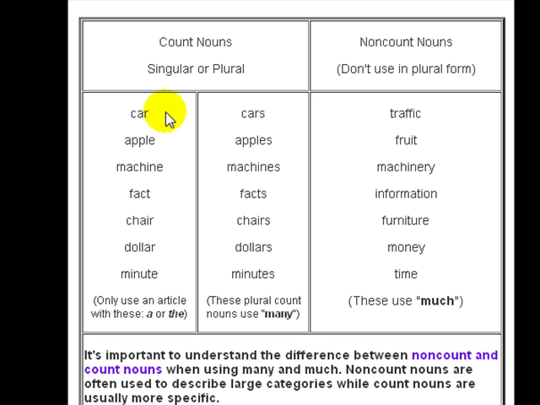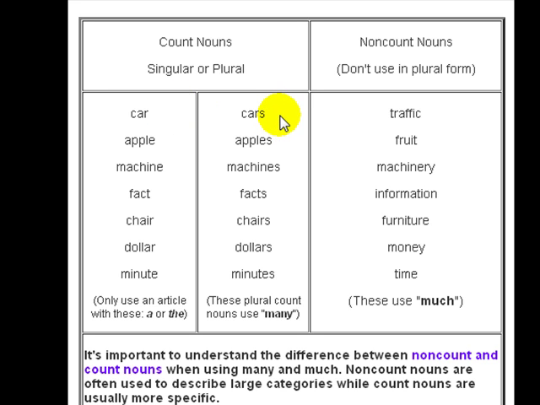For example, I say that I have the best car, or I have the prettiest car, I have the biggest car in the neighborhood. Okay? And you do that with the singular form of the count words. But you can count them. You can count car, apple, machine, fact, chair, dollar, minute. That which you can enumerate.